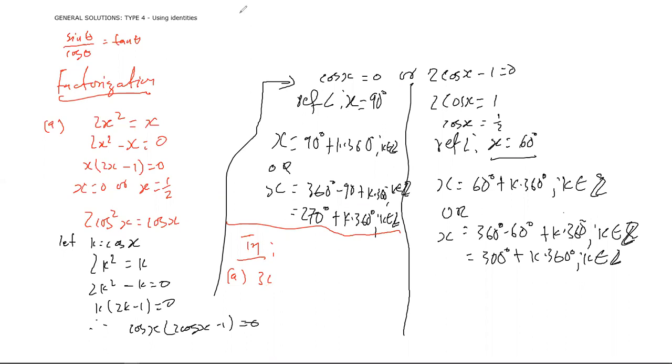Try this exercise: 3 sine squared x plus 2 sine x equals 1. You are just finding the general solution.